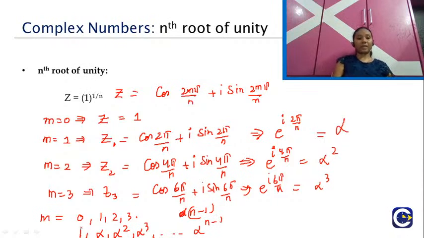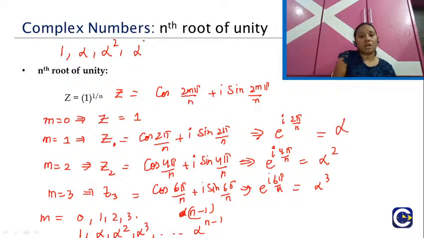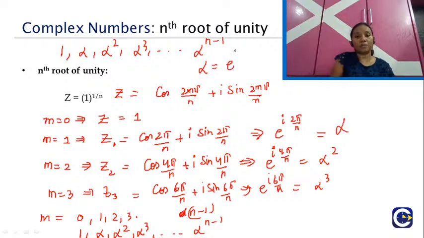So these are my nth roots of unity. If in general I asked what are the cube roots of unity, those are nothing but 1, omega and omega square. Similarly, if I ask the same question for nth root of unity, those are nothing but 1, alpha, alpha square, alpha cube and so on until alpha power n minus 1, where my alpha is equal to e power i 2 pi by n.